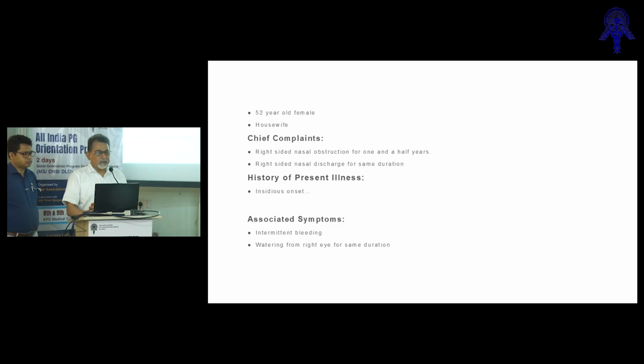The chief complaint is right-sided nasal obstruction for 1.5 years, and right-sided nasal discharge also for 1.5 years. It is of insidious onset. All these factors that need to be taken in the history will be discussed by Dr. Ravi. There is also an associated symptom of intermittent bleeding and watering from the right eye for the same duration.